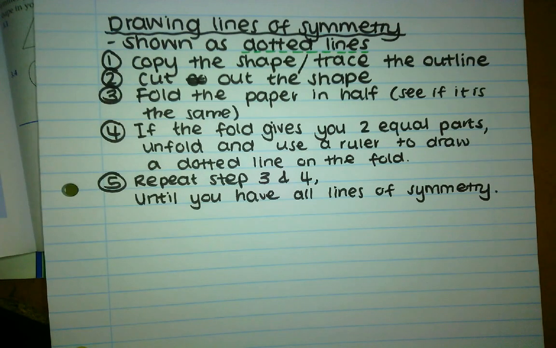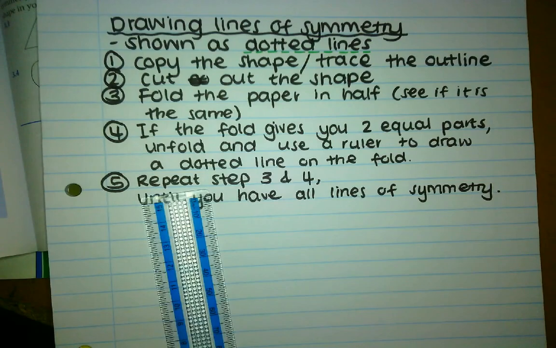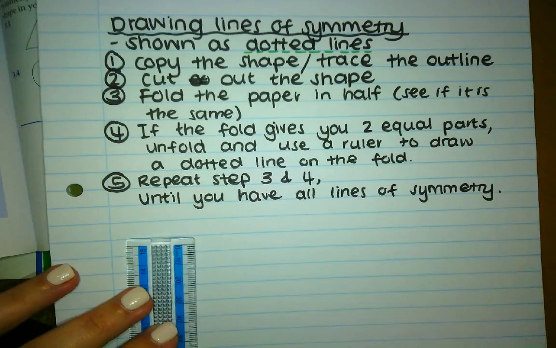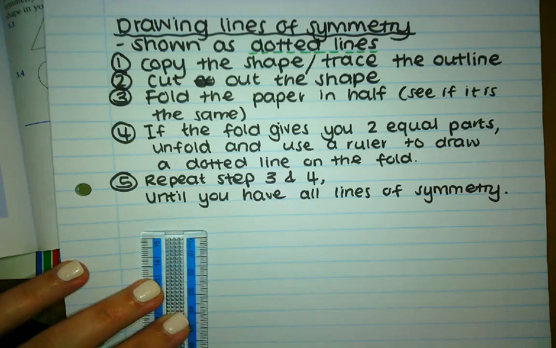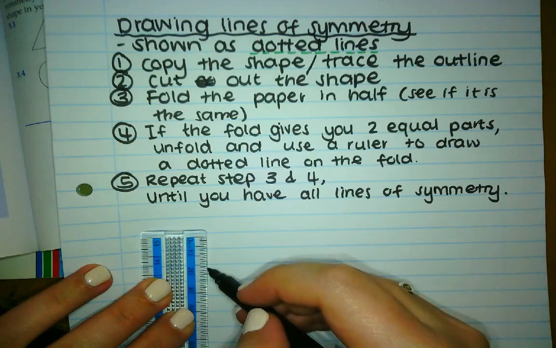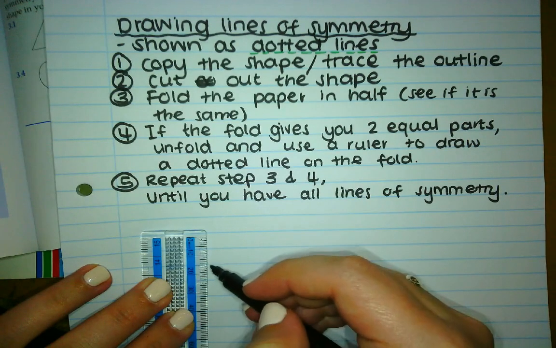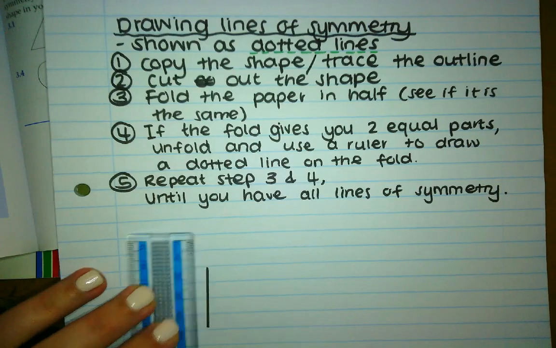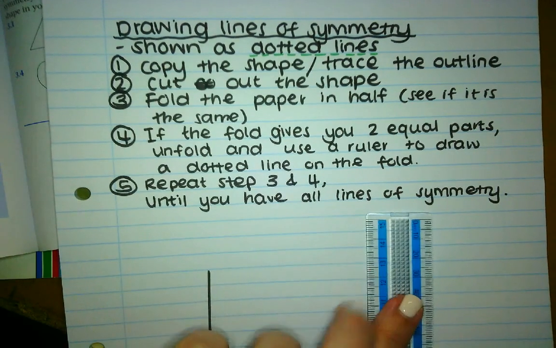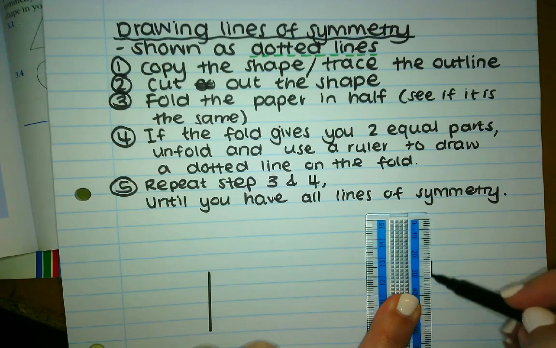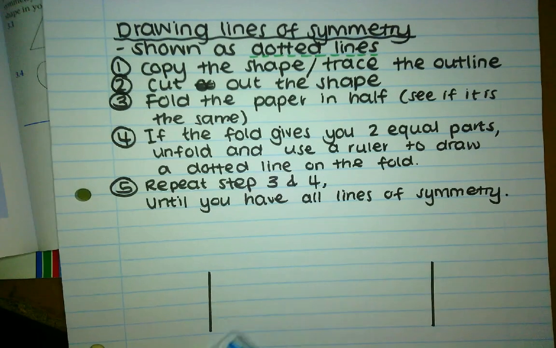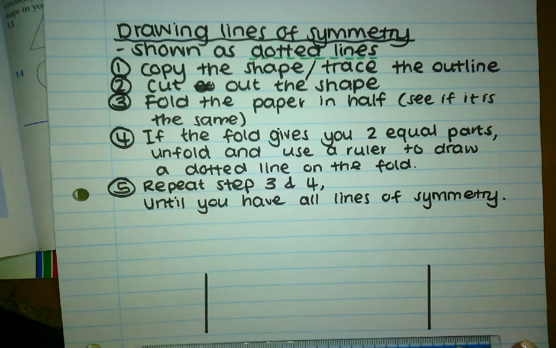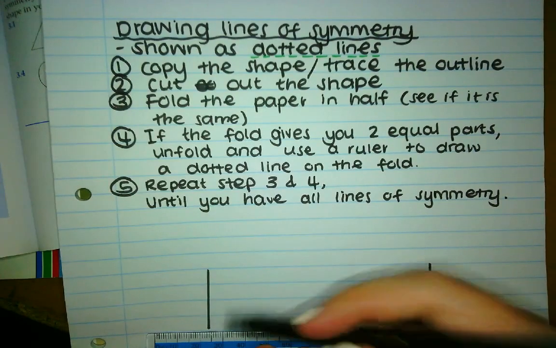Okay, so now what's going to happen is, I'm just going to show you what happens when you do it. So you've written down the steps, and now I'm just going to show it to you. So we're going to draw a rectangle. Let's make it 4 lines. Okay, so I'm drawing my rectangle.